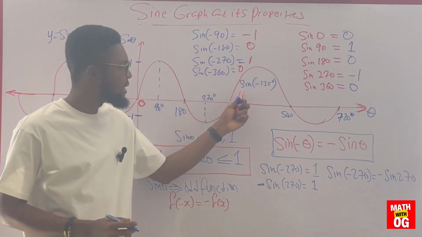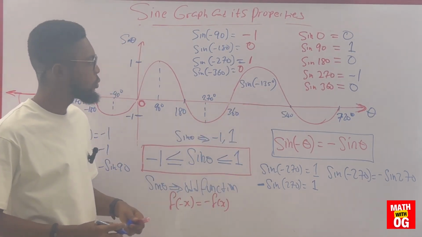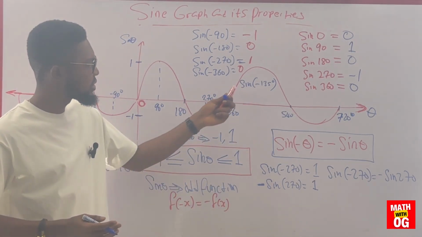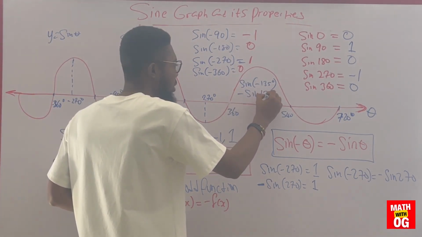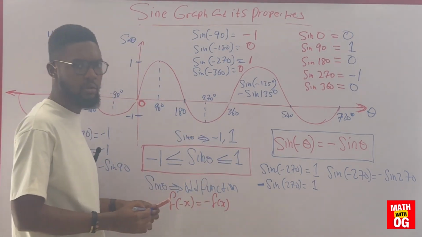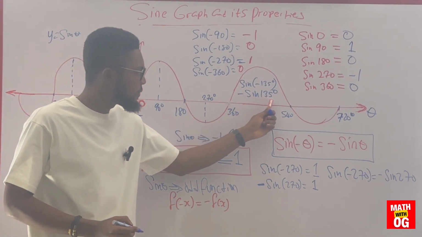Now, because this is a negative degree, we have to change it to a positive degree. So sine minus 135 degrees should be negative sine 135 degrees. Now, what is sine 135 degrees itself?